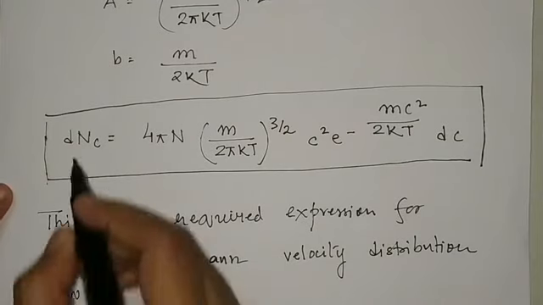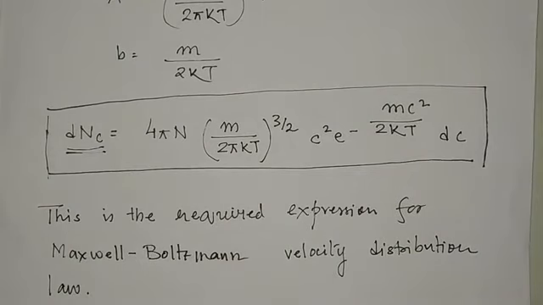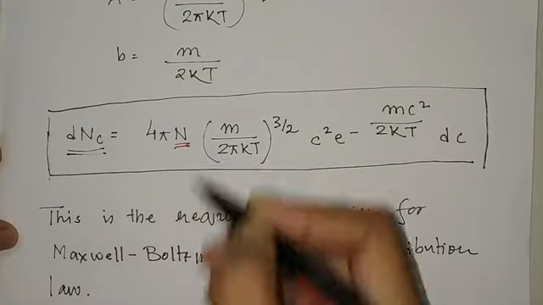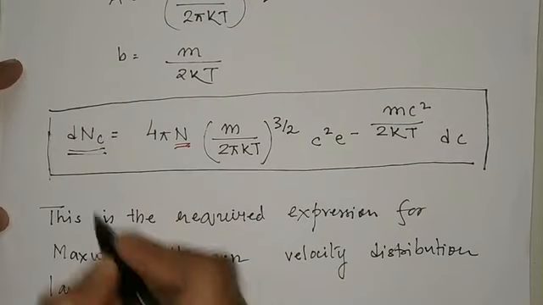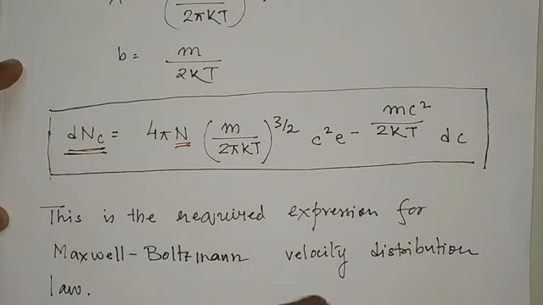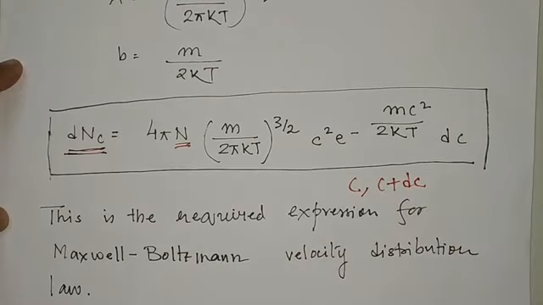So what does it mean? It means that suppose we have a gaseous system where there are a total of n molecules. Out of them there will be dn_c molecules which will be moving with velocity lying in the range c and c plus dc.